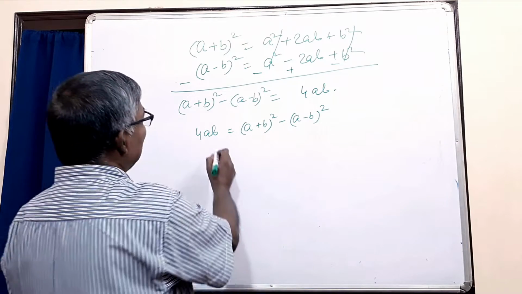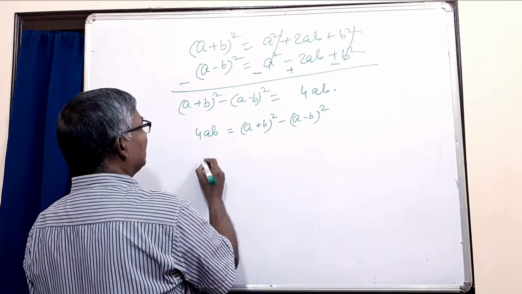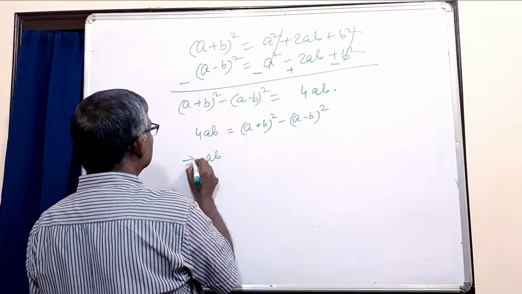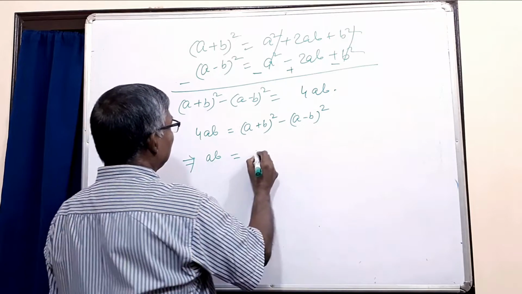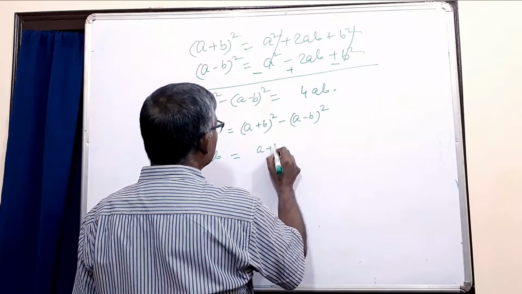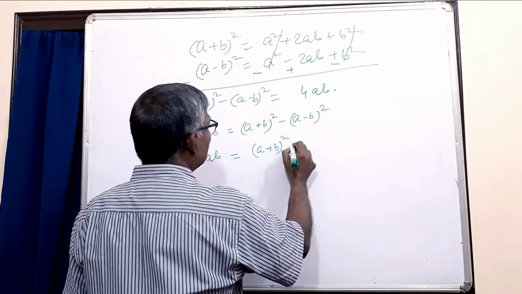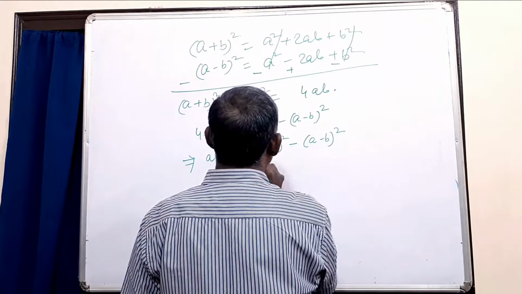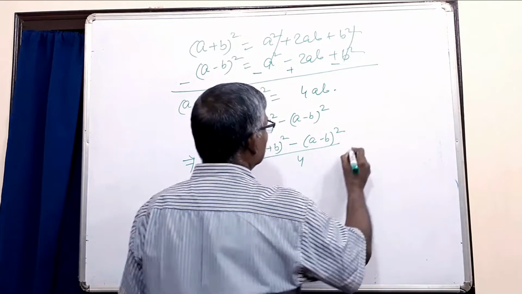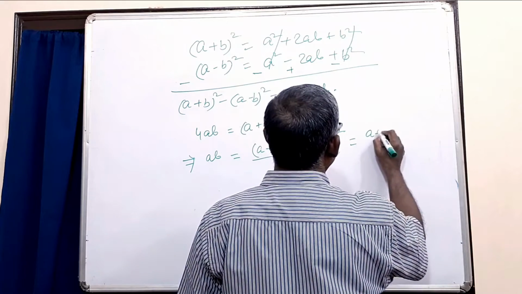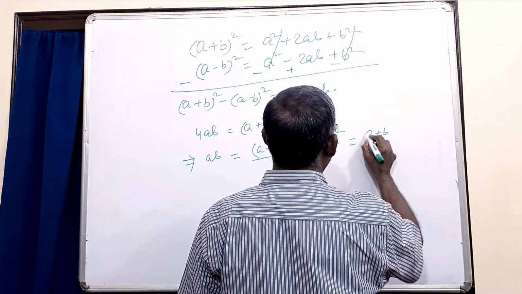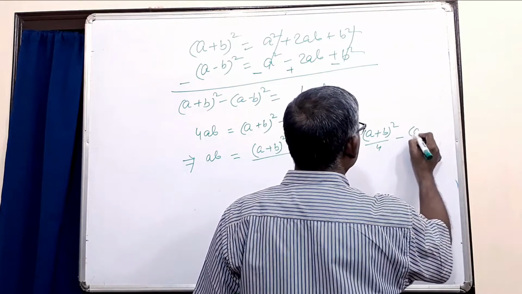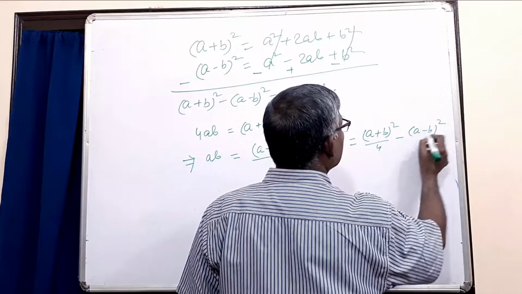Or from this part we can again write ab equals to a plus b whole square minus a minus b whole square by 4, that is a plus b whole square by 4 minus a minus b whole square by 4.